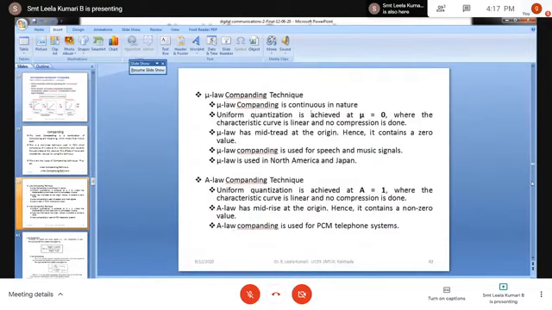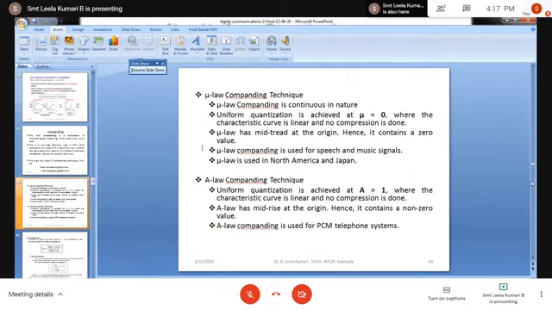Mu-law compounding technique is continuous in nature. The compressor characteristic is continuous and approximately linear for small values of input levels and logarithmic for high input levels. Uniform quantization is achieved at mu equals 0, where the characteristic curve is linear and no compression is done.